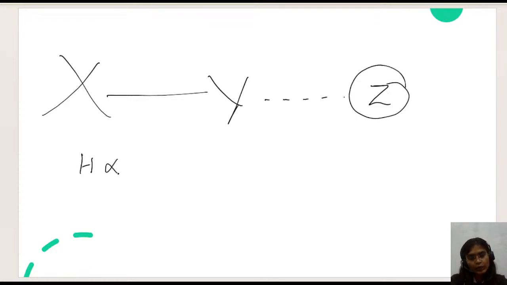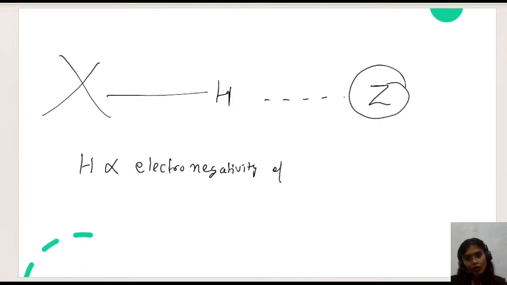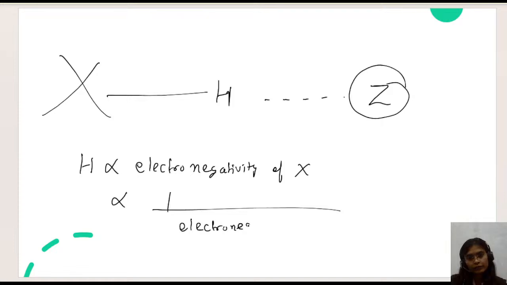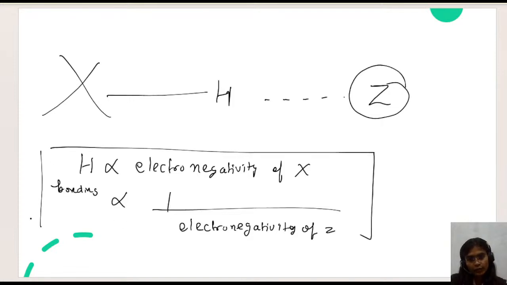Hydrogen bonding is directly proportional to the electronegativity of X, you can take any A, B, C, whatever you like, or it is inversely proportional to the electronegativity of Z. This is the rule for hydrogen bonding. I hope now it's clear.